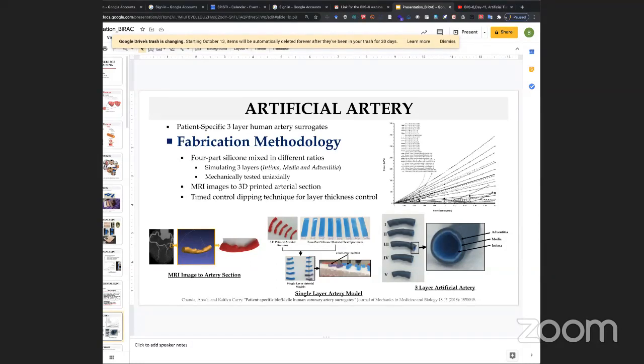This technology is proprietary, protected by patent. These arterial 3 layers have exactly the same layer thicknesses and the same layer based properties, which are shown on the small graph at the top. We are looking at the same properties which I was talking about in the skin as well. So we have simulated the properties for the material, and then we have used MRI and 3D scanning along with it to generate these arterial models.